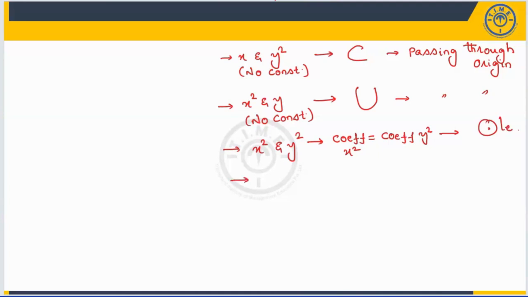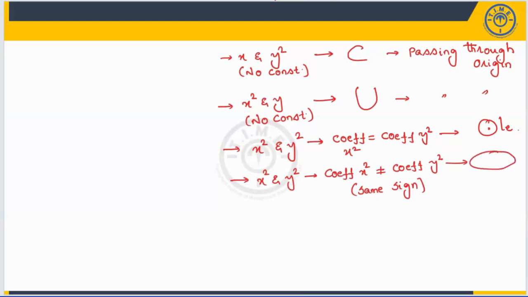And if we are having x square and y square and the coefficient of x square is not equal to the coefficient of y square, and they are of the same sign, then it is an ellipse.